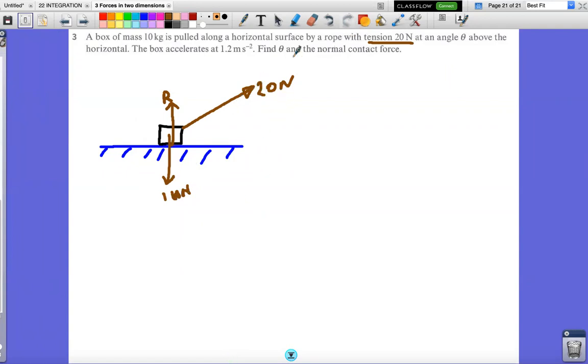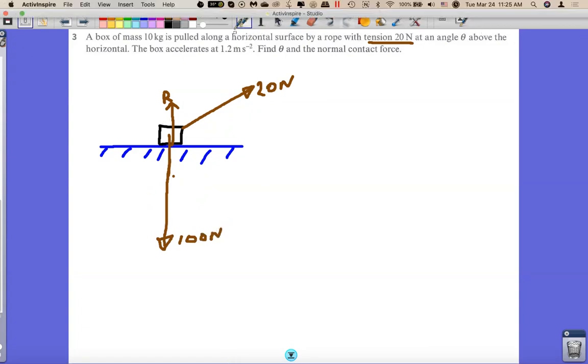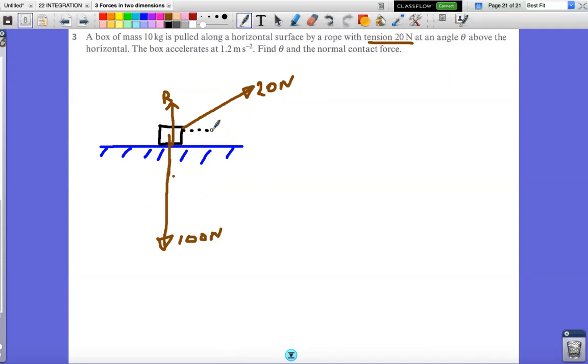So I'll need to do something on my 100 newtons here. I need to make it much larger. 100 newtons. And we are told that this angle here is theta.